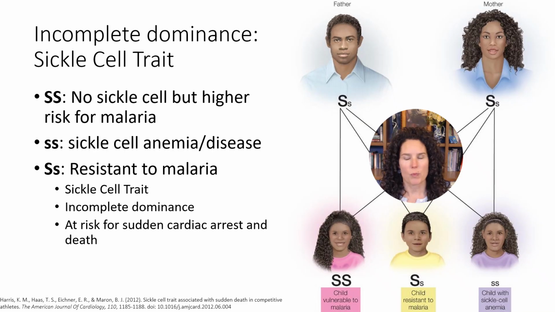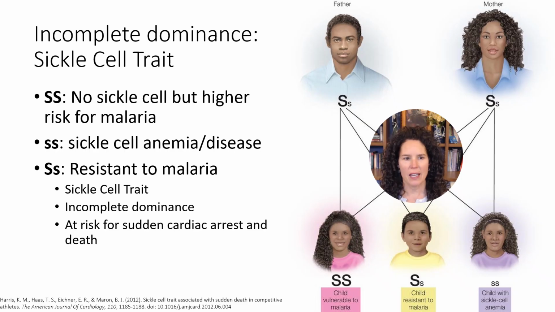And there's been some limited research on African American athletes, for example football players in the United States, who are having cardiac arrest, and this is believed to be the cause, that their cells will be less likely to sickle, but will sickle a little bit during extreme conditions, which then puts them at risk for cardiac arrest.